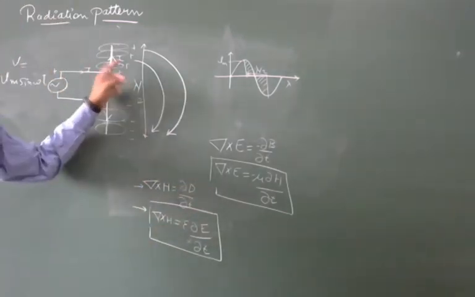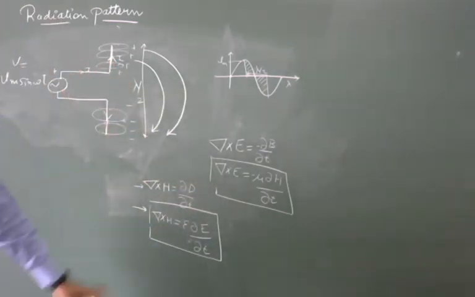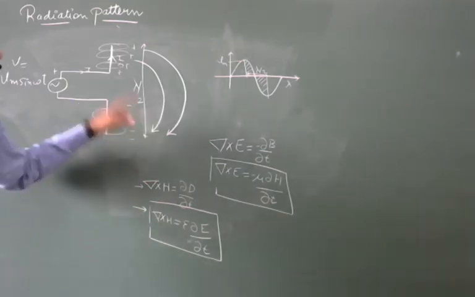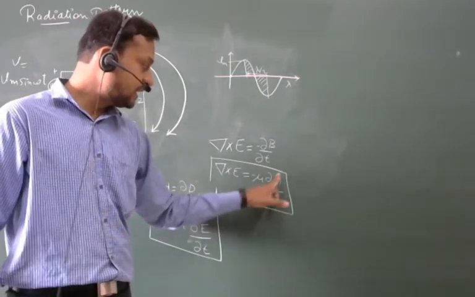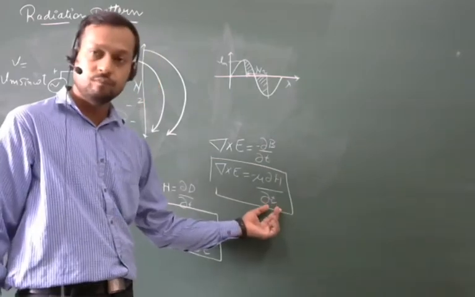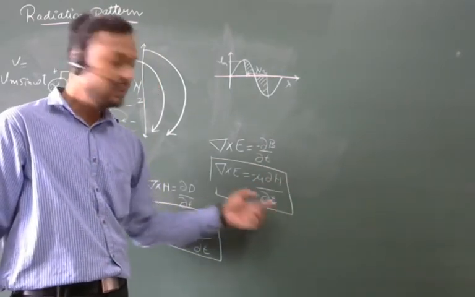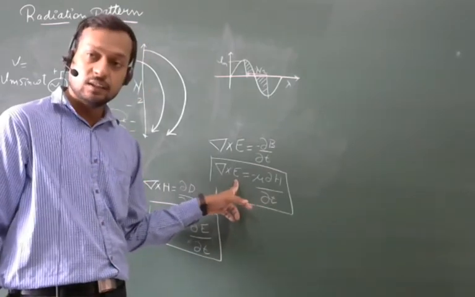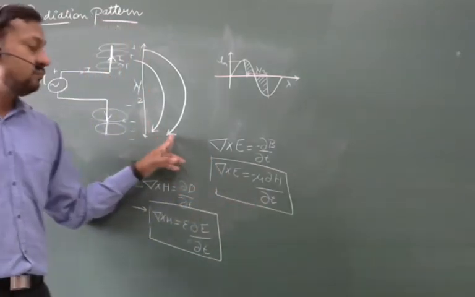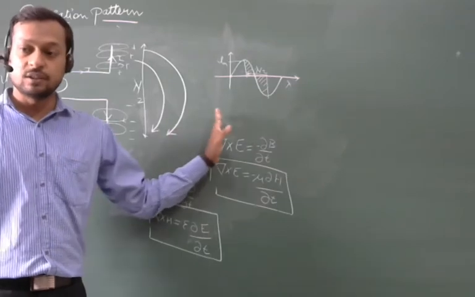Now this is an oscillating dipole. It creates a time varying magnetic field, that is, this magnetic field varies with time, and this time varying magnetic field results in a space varying electric field.